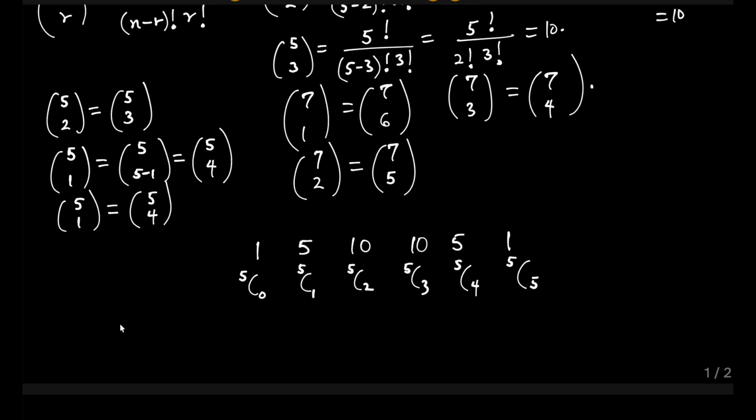We can see that 5 combination 0 is the same as 5 combination 5. That's settled. And we can also see that 5 combination 1 is the same as 5 combination 4. Also, we can see that 5 combination 2 equals 5 combination 3. So we can use this idea for our binomial expansion going forward.